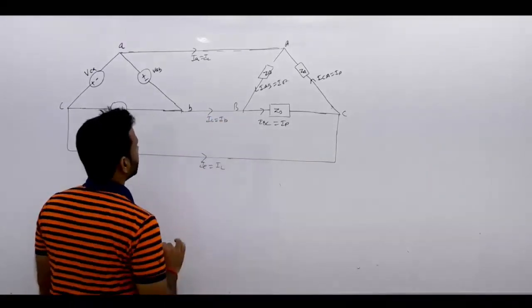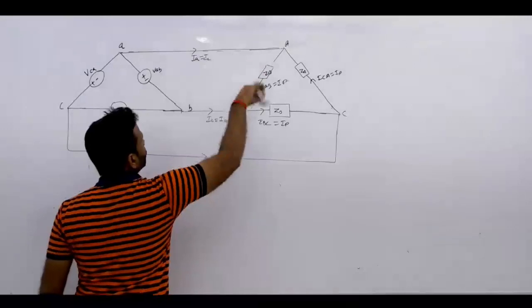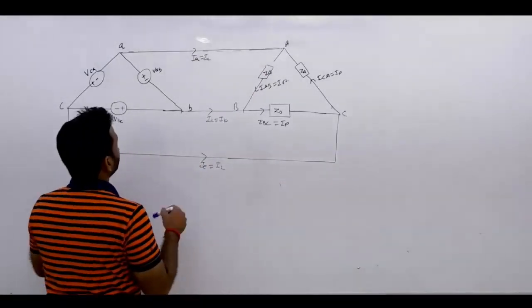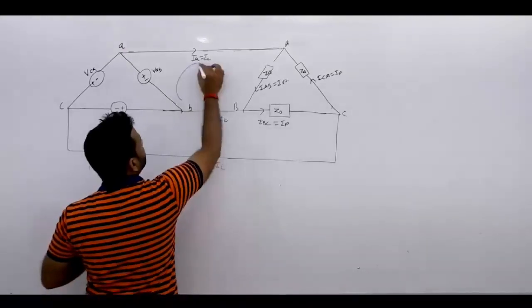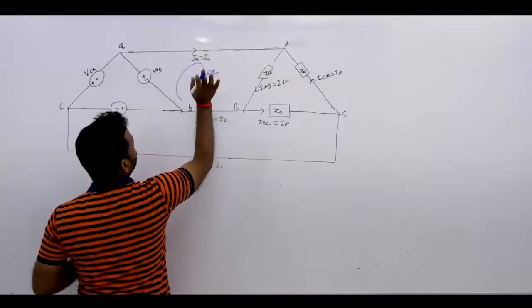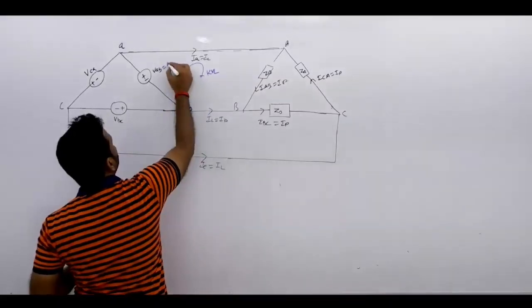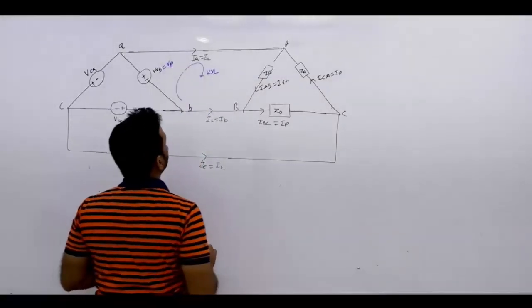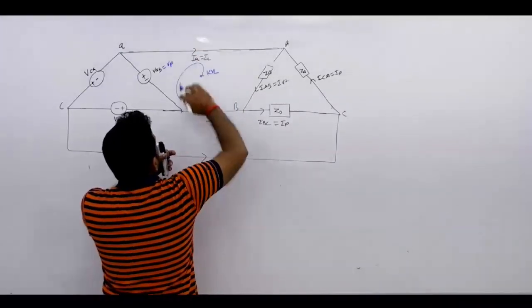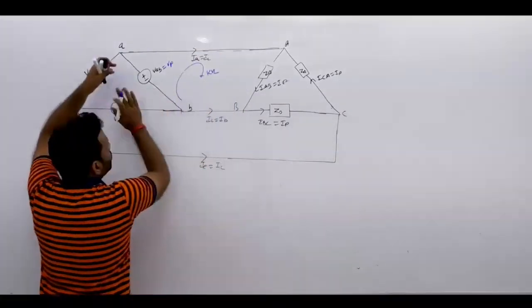Now if you apply the KVL in this loop, because in star connection we see that the line current is equal to the phase current, but this is your phase voltage VP, and this is also your line voltage. VAB is the line voltage, and this is your phase voltage.